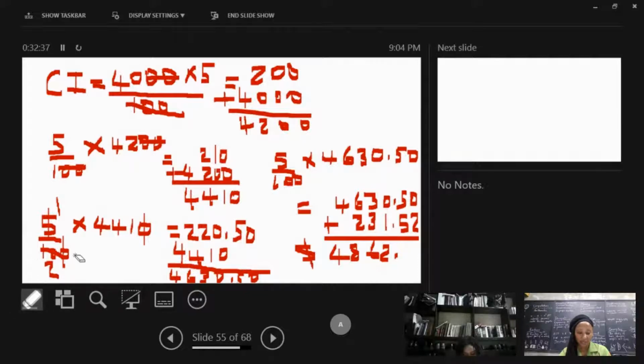The rest of you check your calculators and see what you got. Start from the 5% of the 4,630. So I'm getting 4,862.